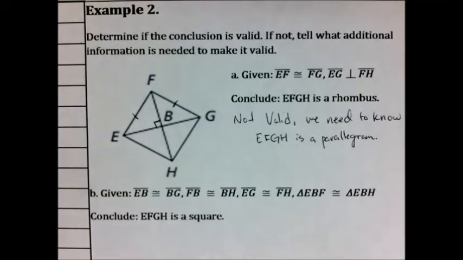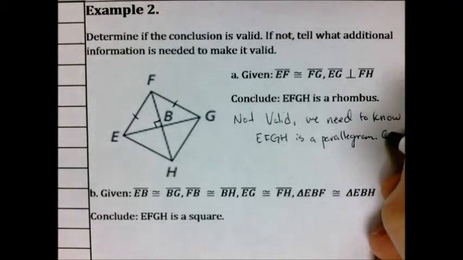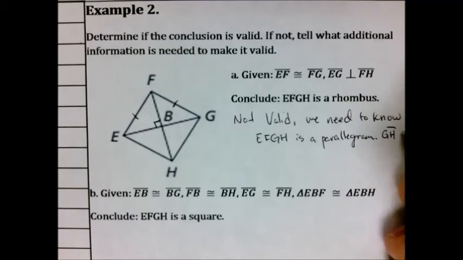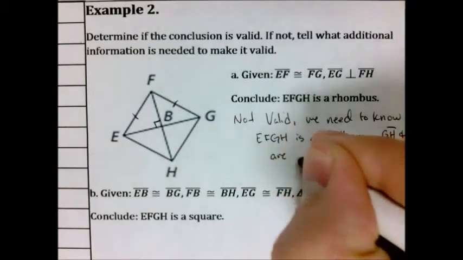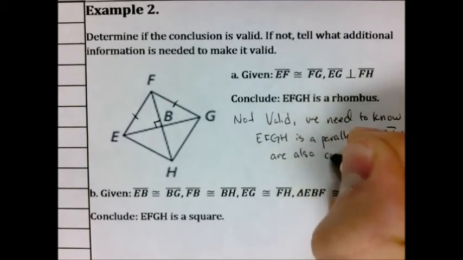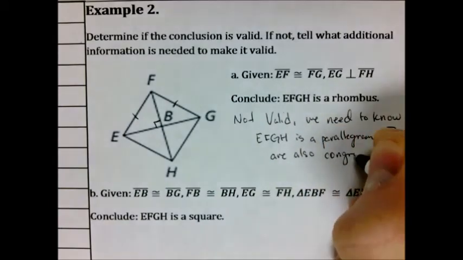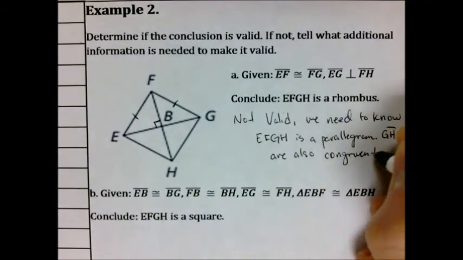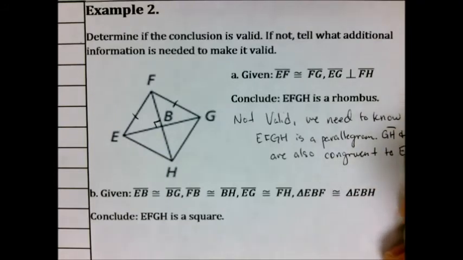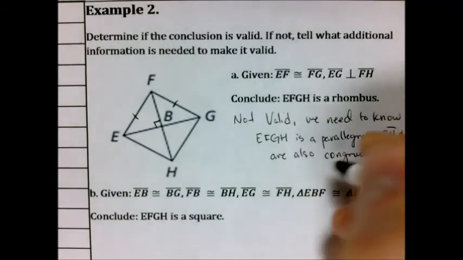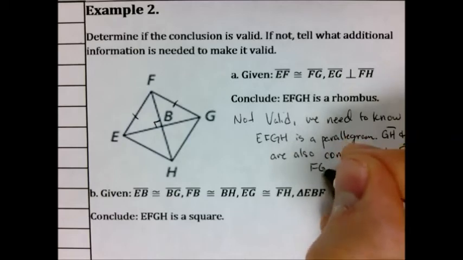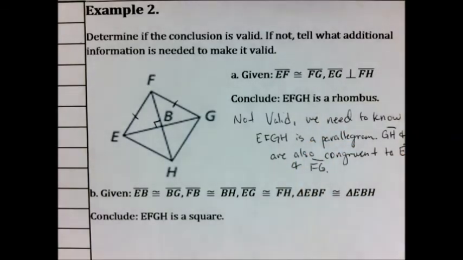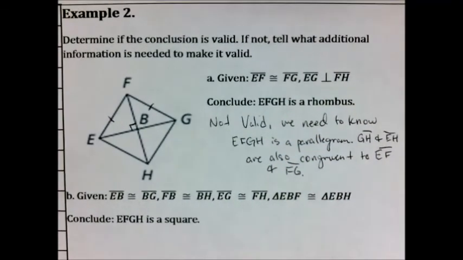Essentially we need to know that line GH and EH are also congruent to EF and FG. That's what we would need to know.